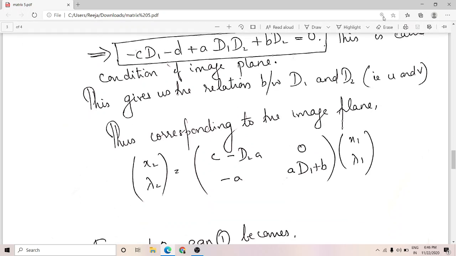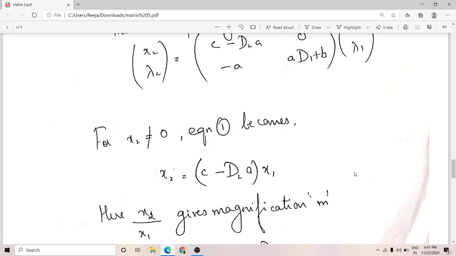So, giving this term as 0 in the equation for the image plane, in the matrix equation I apply the condition of the image plane, so that I get x2 lambda 2 is equal to this matrix into x1 lambda 1. And from that, I write down the position of the image plane when x2 is not equal to 0: x2 is equal to this term into x1.